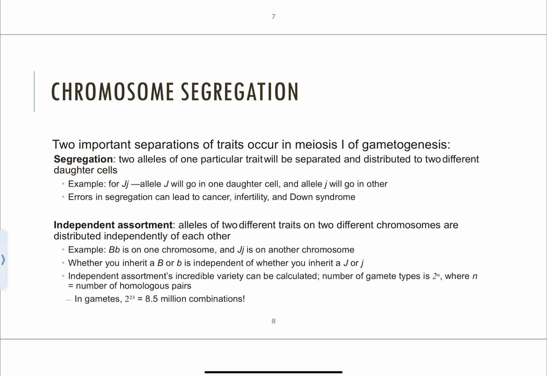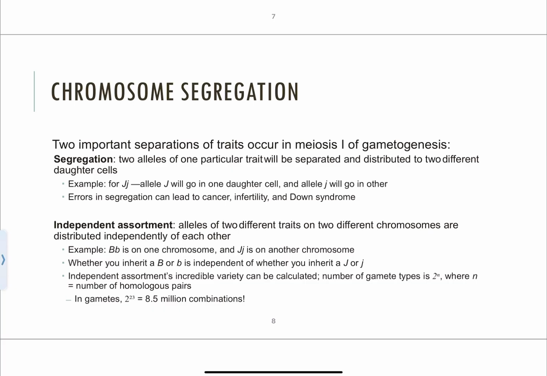So two important separations of traits occur in meiosis 1, more specifically metaphase 1 of meiosis 1. When we're talking about segregation, we have two alleles of one particular trait that are going to be separated and distributed to two different daughter cells that we refer to as gametes.